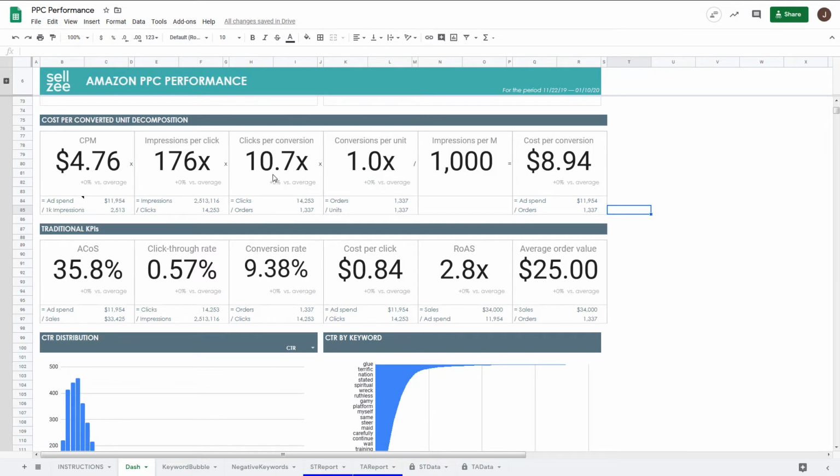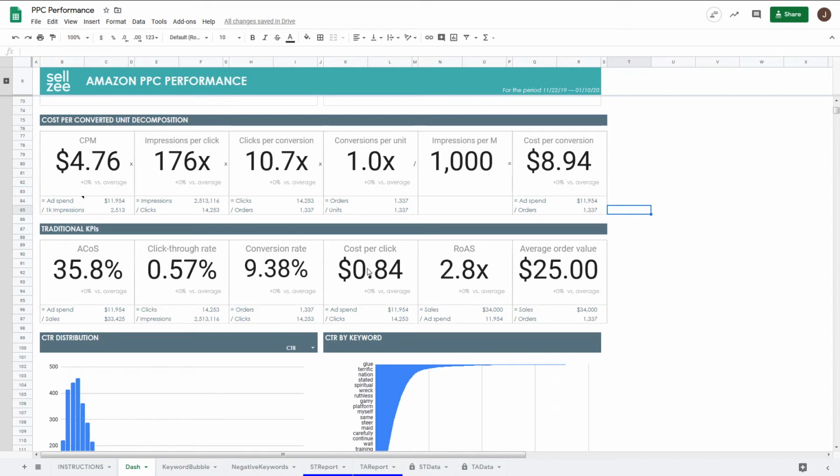So again, lowering your clicks per conversion is the same thing as increasing your conversion rate. And if you really want a deep understanding of these metrics, cost per click is actually the same thing as the CPM times the impressions per click divided by 1,000. So minimizing the product of the CPM and the impressions per click is the same thing as minimizing your cost per click.